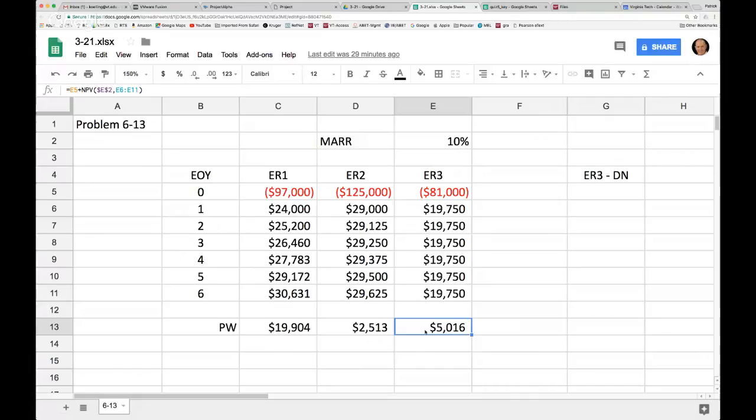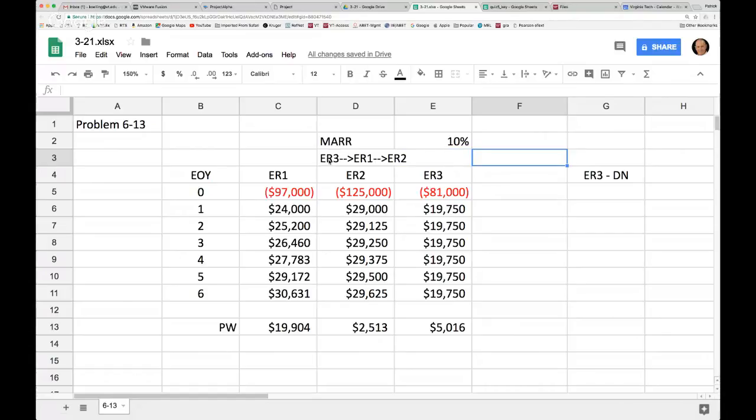Now, we know that ER3 is acceptable. Notice it's the least cost investment. So the order of our analysis here will be ER3, and then the next least investment is ER1, and finally ER2 will be the final alternative that we examine.